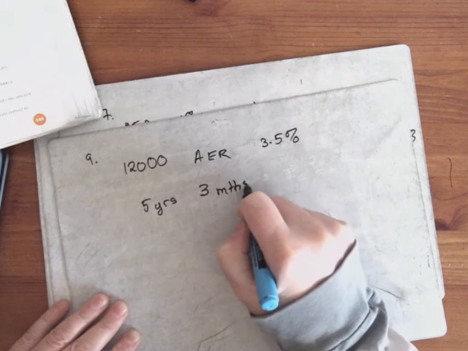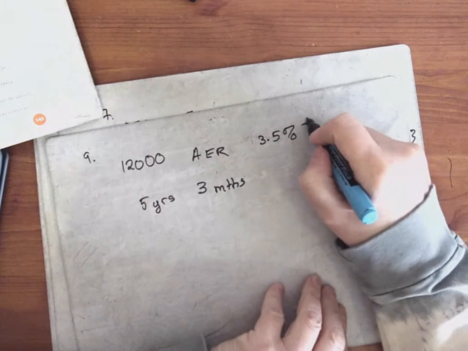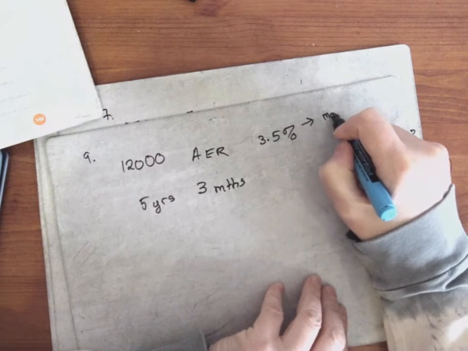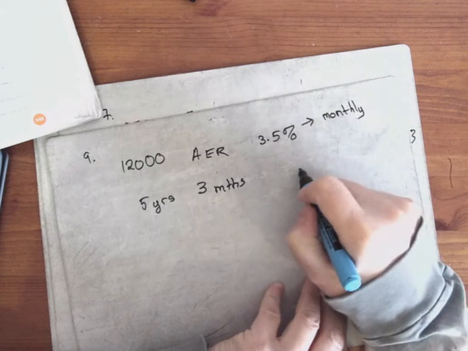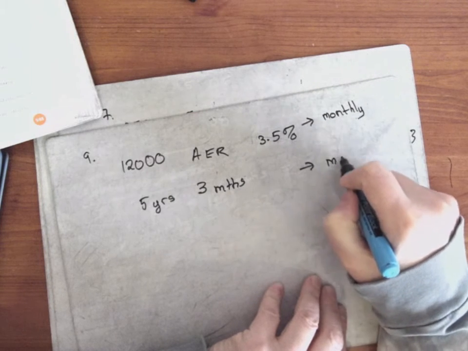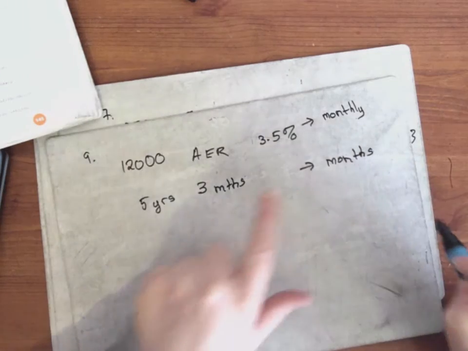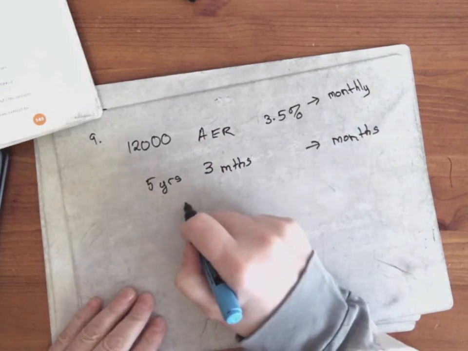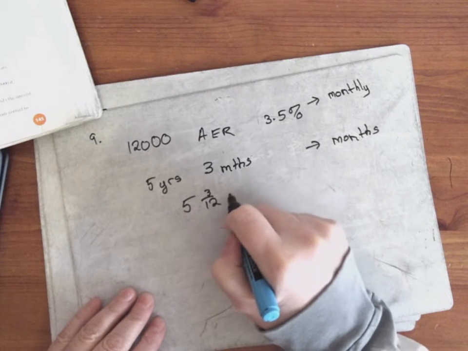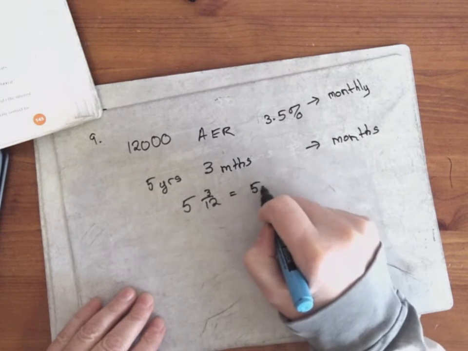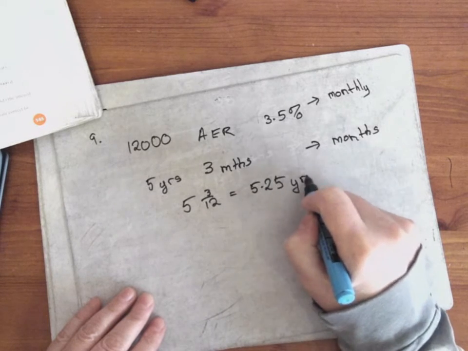You can change this annual equivalent rate to a monthly rate and then have the time in months, so that's one option. Or you can leave it as a yearly rate and write the time as a decimal. So that's 5 years and 3 out of 12, so that's 5 1/4, or 5.25 years. That'd be the shorter way to do it.